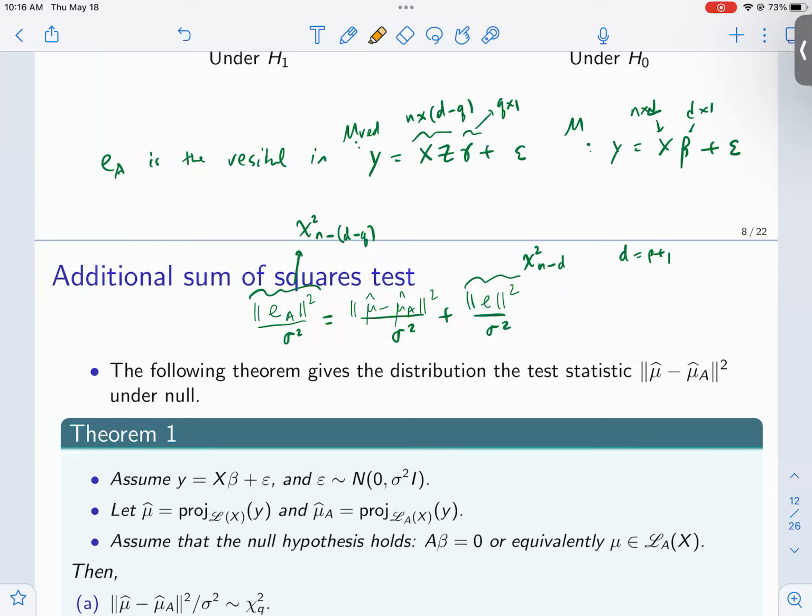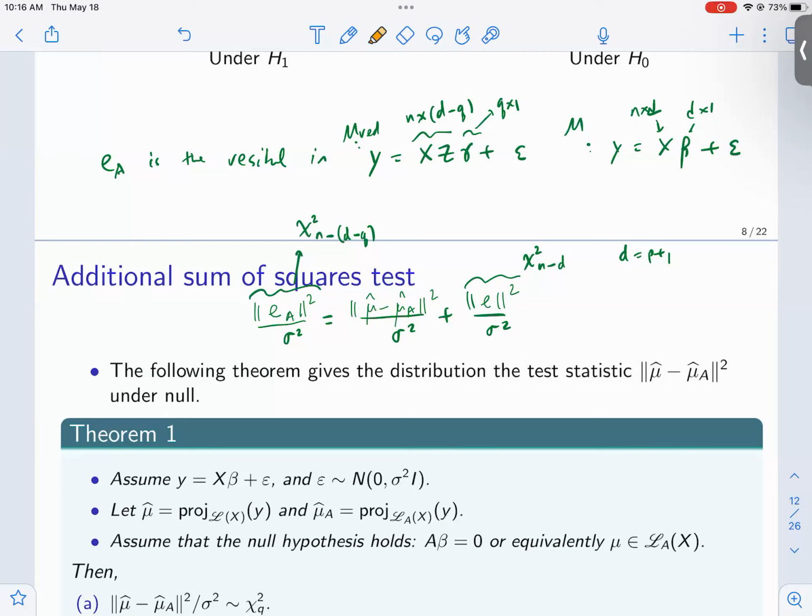So I have 3 quadratic forms, and one I can write as the sum of 2 other quadratic forms. I know that this has a chi-square distribution, and I know that this has a chi-square distribution. There's a theorem that tells me this remaining part has to have a chi-square distribution as well, and moreover, the 2 components have to be independent.